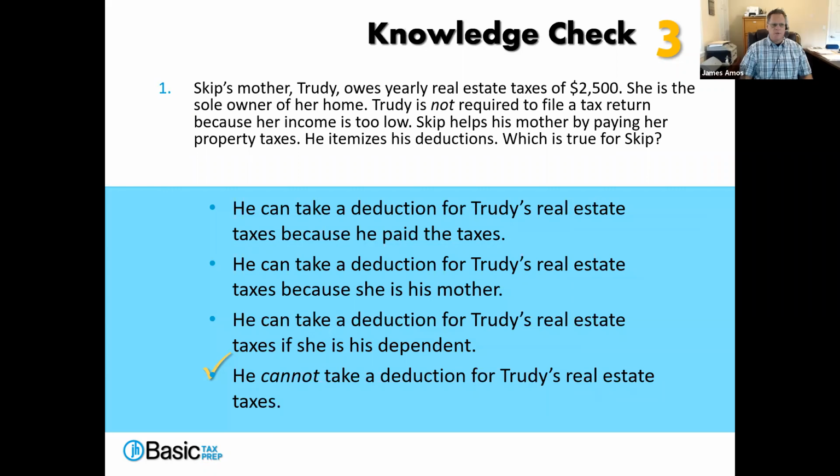So the first thing, in real life and even when testing, anytime you see real estate taxes, if they start giving you information about somebody paying for someone else or somebody owning something, stop and pay real close attention. There's a good chance that's what they're testing you on. Okay.